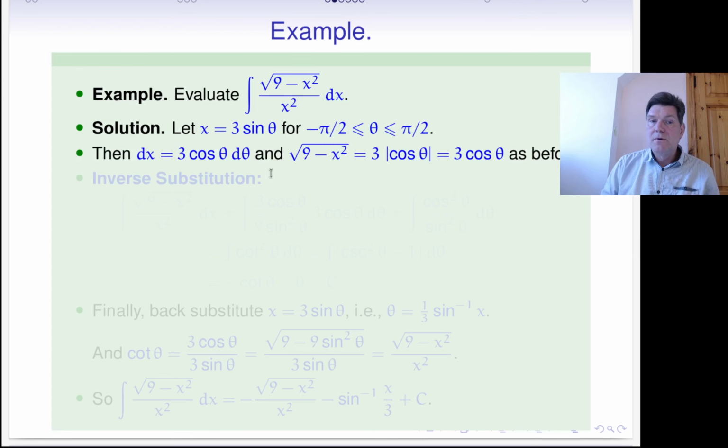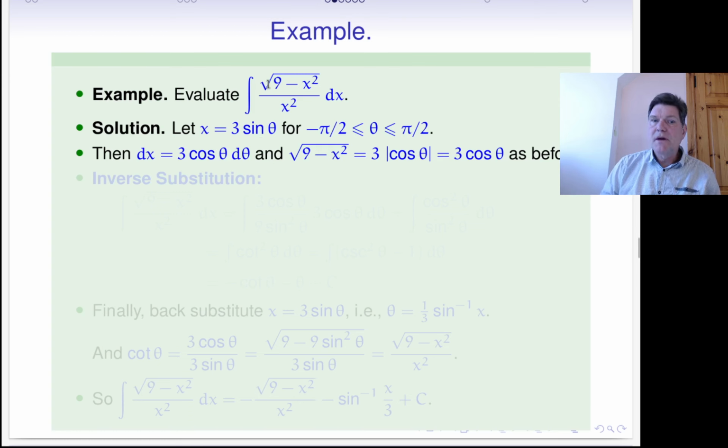And as before, the square root of the difference of the two squares becomes 3 times the cosine of theta, 3 times the absolute value of the cosine of theta. But here, if we're choosing theta between minus pi over 2 and pi over 2, the cosine will always be positive. Cosine of theta over this range is positive. So this is just 3 cosine theta. That's following the earlier example.